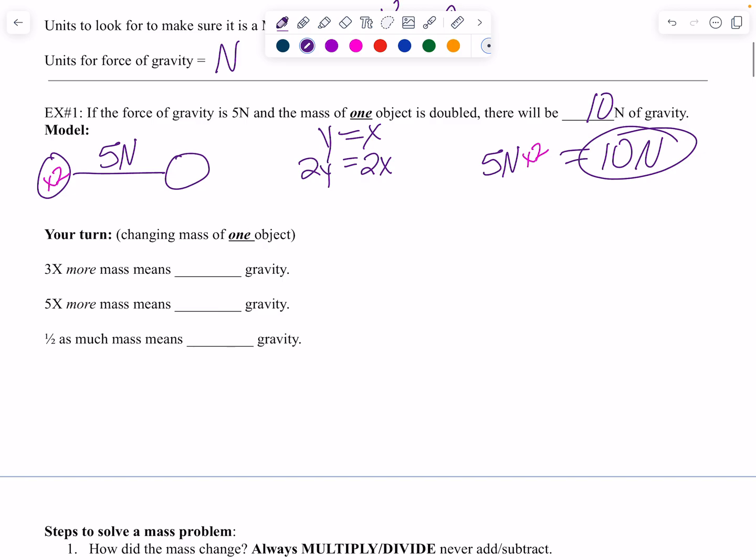That works for anything. If I have 3 times more mass, I have 3 times more gravity. If I have 5 times more mass, I have 5 times the gravity. If I have half the mass, I have half the gravity.